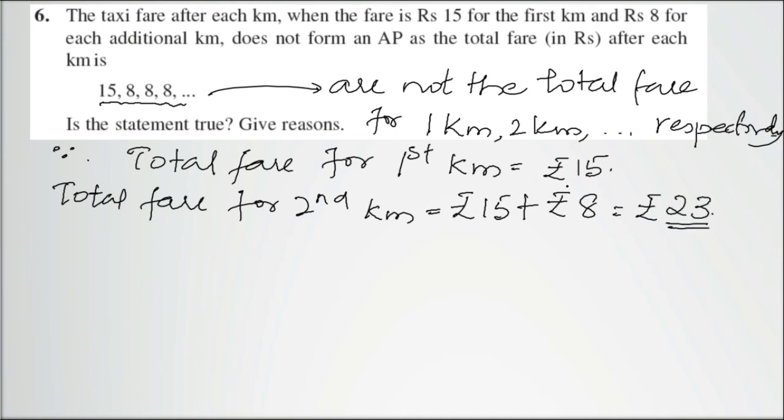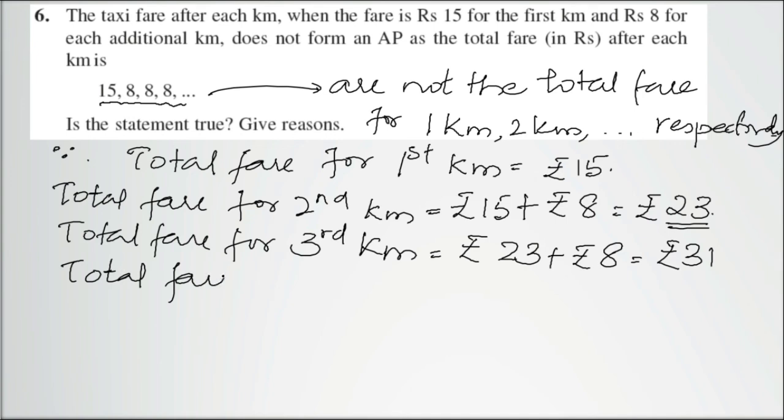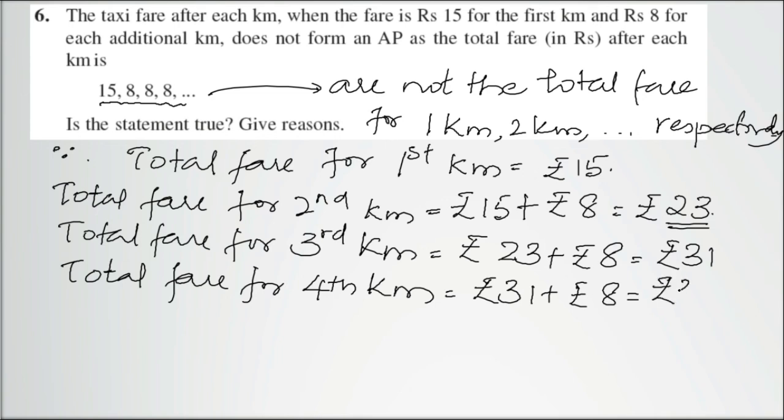This should be the second fare, and the total fare for the third kilometer will be rupees 23 added to rupees 8, which is rupees 31. The total fare for the fourth kilometer will be rupees 31 plus rupees 8, which is nothing but rupees 39.